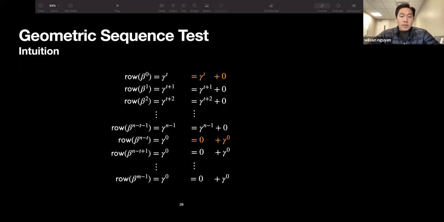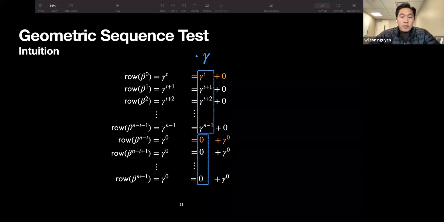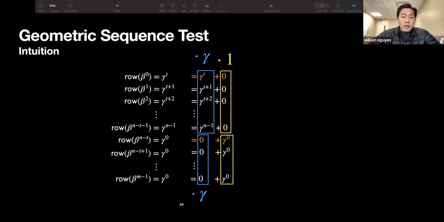We can look at this as 4 different geometric sequences, in which the first one has an initial starting element gamma to the T with a common ratio gamma. The bottom starts with an initial element 0 and has common ratio gamma. The top right has initial starting element 0, common ratio 1, and the bottom has initial element gamma to 0, common ratio 1.